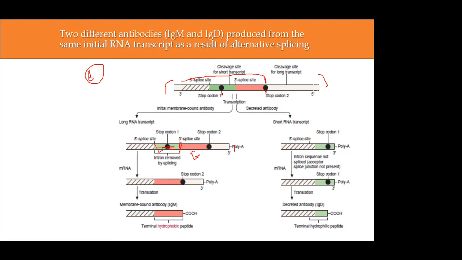In this form, we're going to have something called the IgM, or immunoglobulin M. This is a form of antibody that's going to be attached to the cell. We're going to talk about how to differentiate between which one is which, with stimulation and without stimulation.